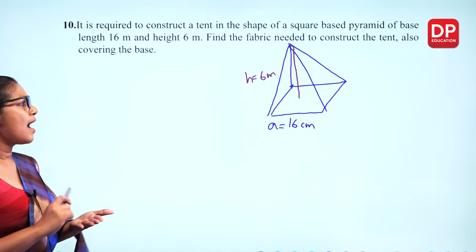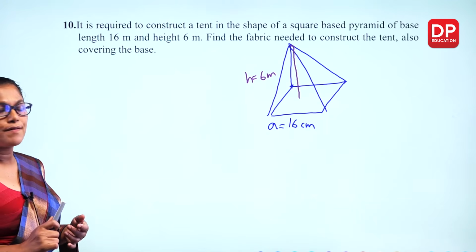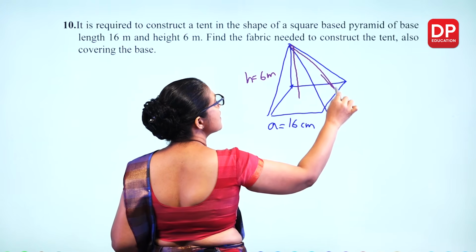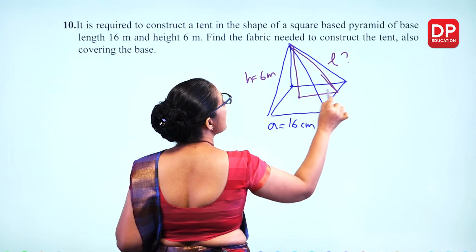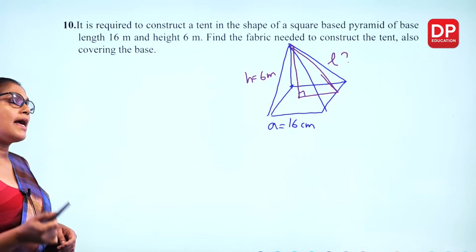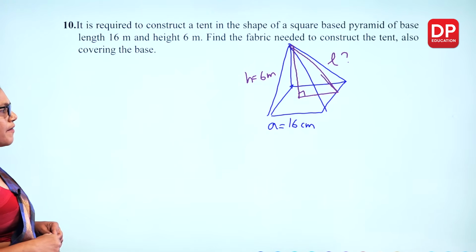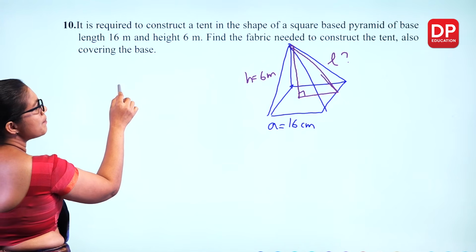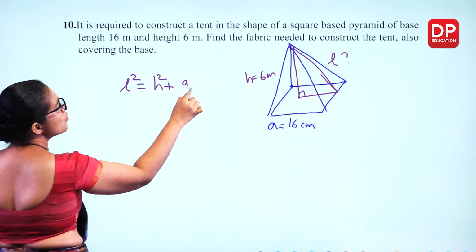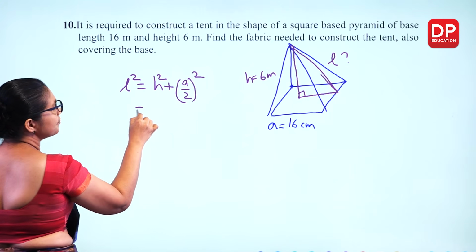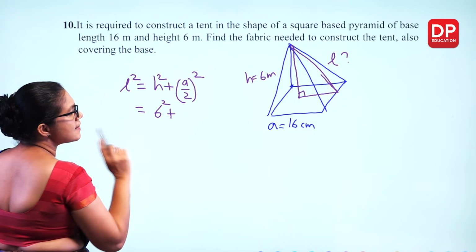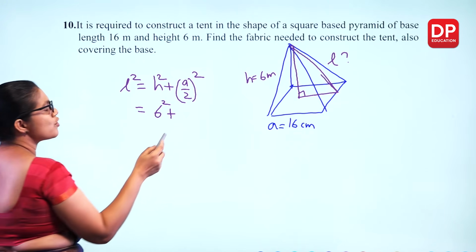So that means they are asking the full surface area. So to find out that, we need to find out L first. How can we use that? Use Pythagoras theorem and find L and then use the formula for area. So we'll do that. Pythagoras theorem, L squared is H squared plus (A over 2) squared, half of A. 6 squared for H squared, and then 16 is full length. 16 divided by 2, 8.